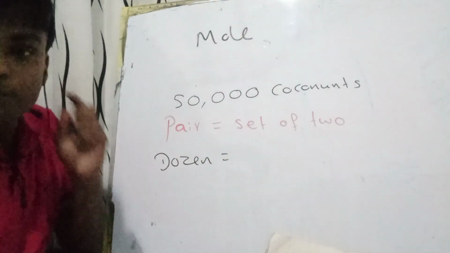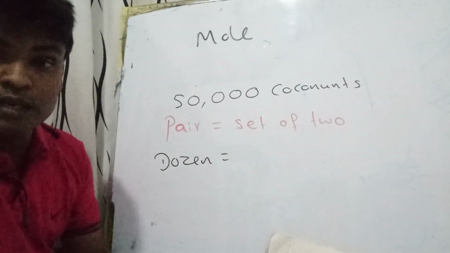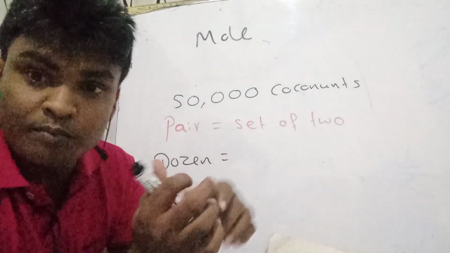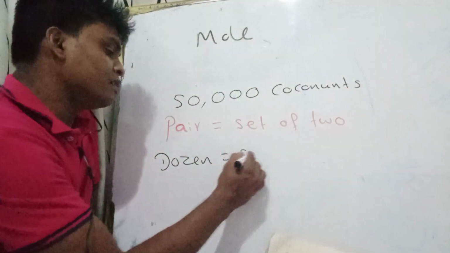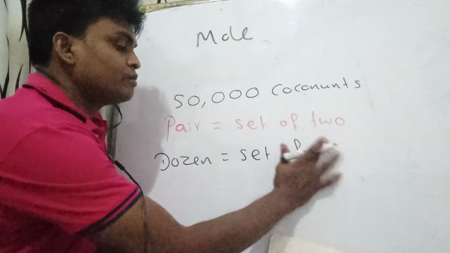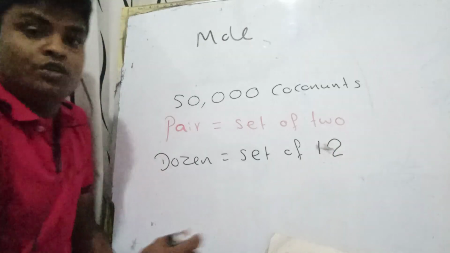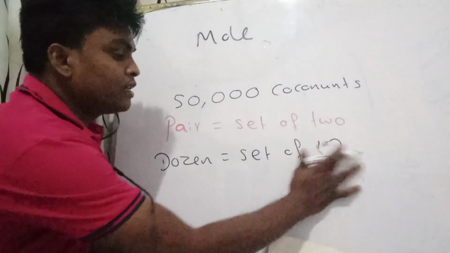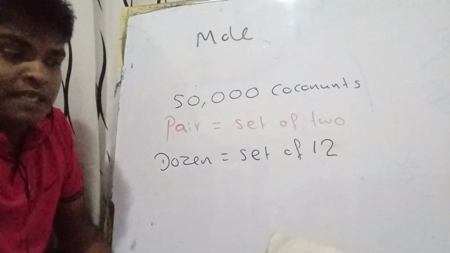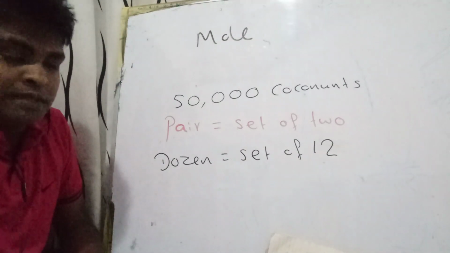Now consider, we have another counting unit, dozen. You know, in the case of the bottles, most of the time there are 12 bottles. Set of 12 is called what? Dozen. If we have 12 items of the things, we say there's a dozen, 1 dozen of the things.